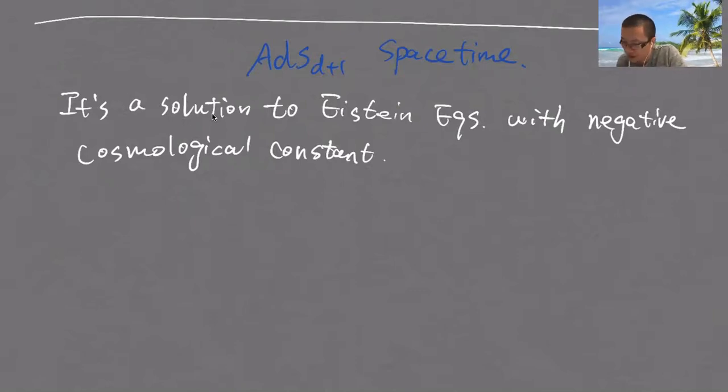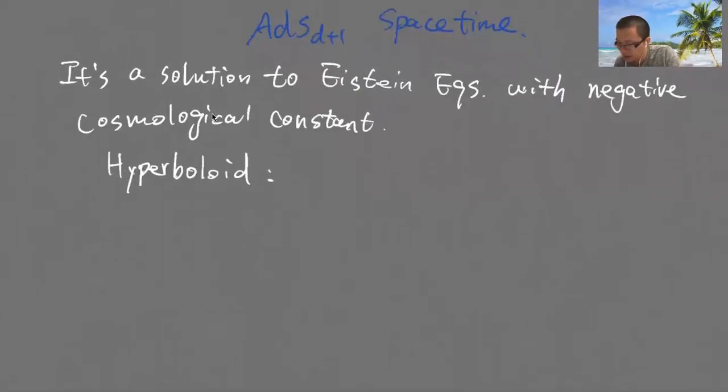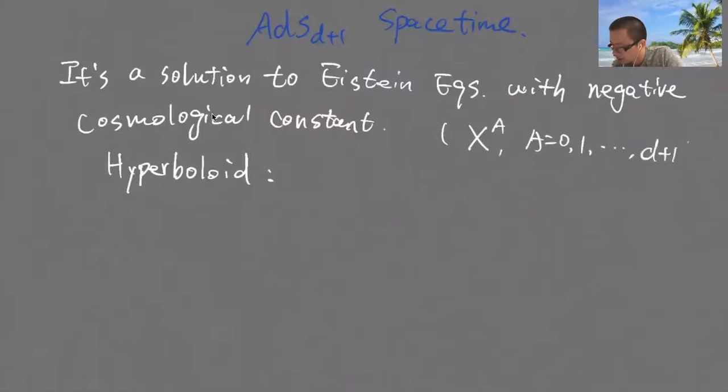This can be thought of as a hyperbolic space. Namely, let me call the coordinates X_A, with A from 0, 1, to d plus 1.